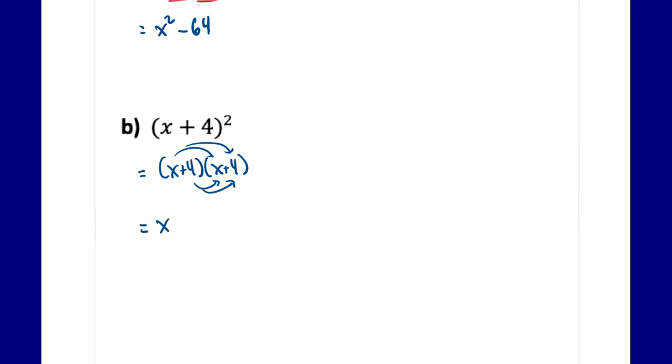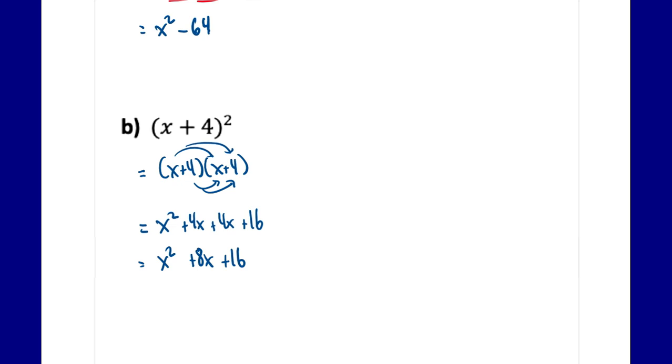So x times x is x squared. We have plus 4x plus 4x plus 16. I do have like terms that I can combine. So I'm going to have x squared plus 8x plus 16.